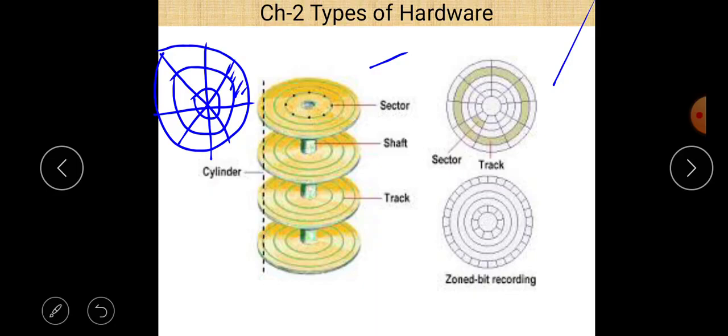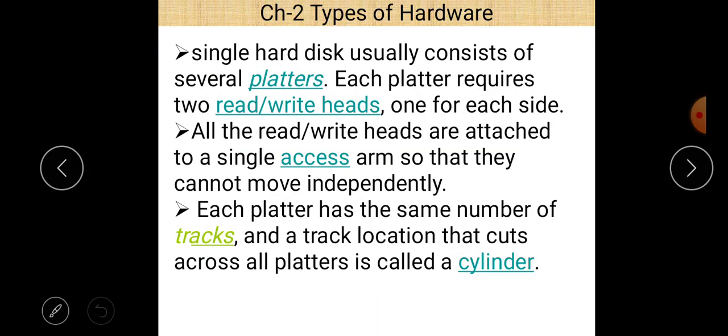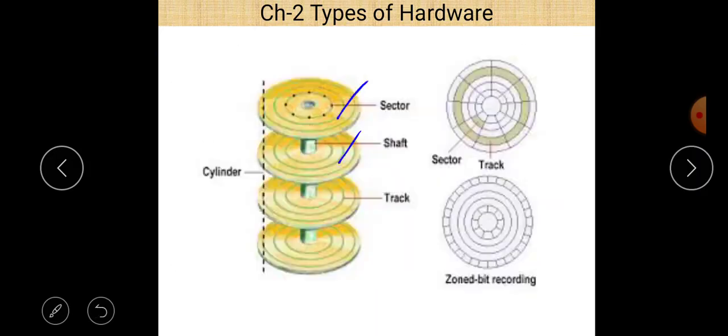So a hard disk is divided into different disks, or we can say different platters. So these are the different platters, 1, 2, 3, 4 platters are there, and these platters are divided into different sectors and tracks. Tracks are nothing but the concentric circles, while sectors are the pie-shaped regions. And we can write data on the surface of the platters only.